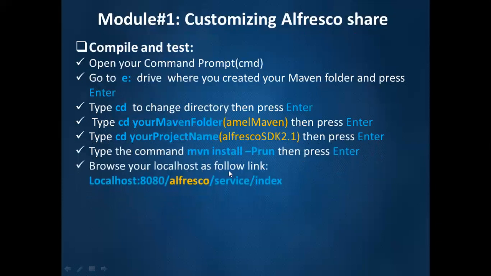Then browse your localhost as follows. When you write this command, mvn install -Prun, and press enter, it starts to compile your program. So let it compile and take all the time until it finishes, until you see Tomcat start running. When you see Tomcat start running, it means your Tomcat is on.